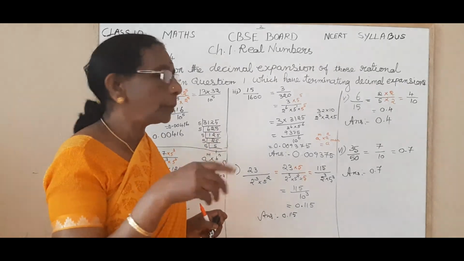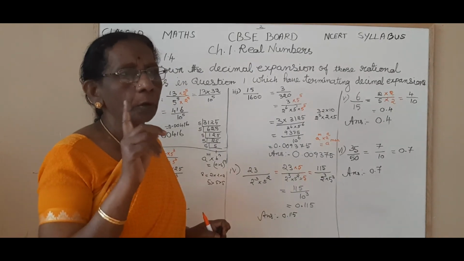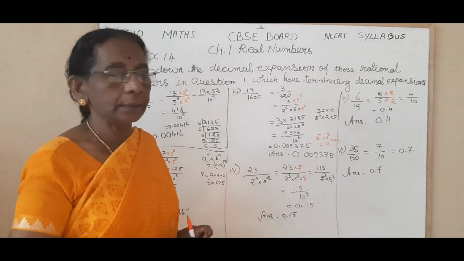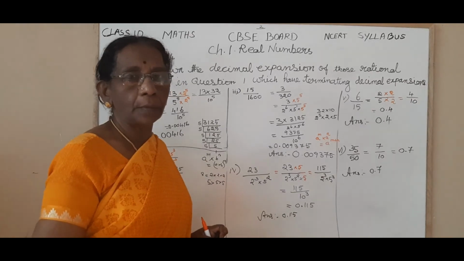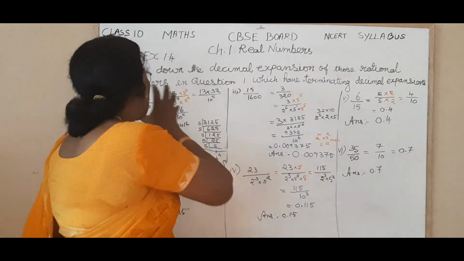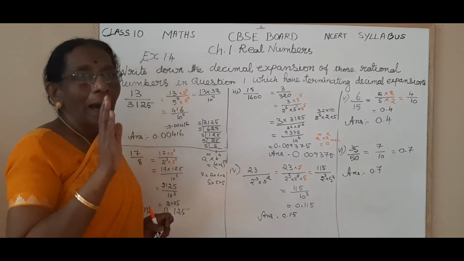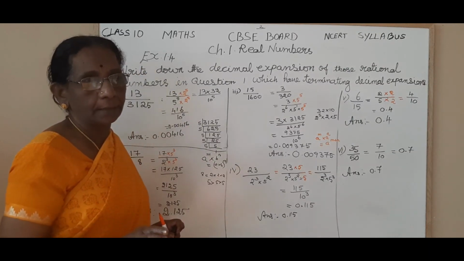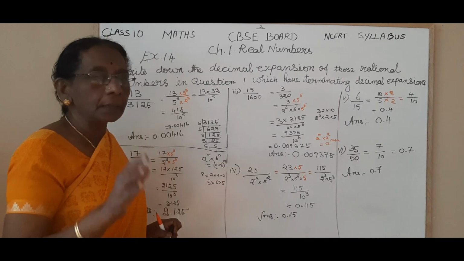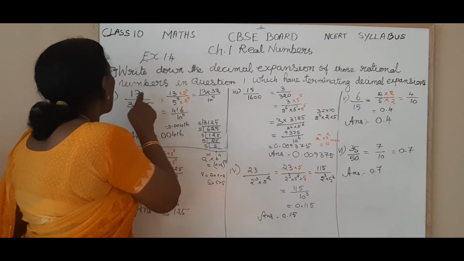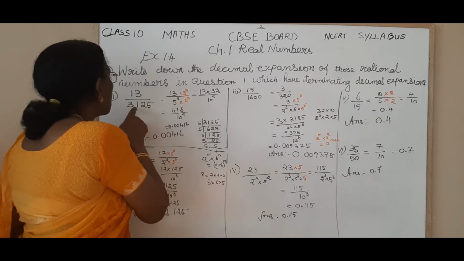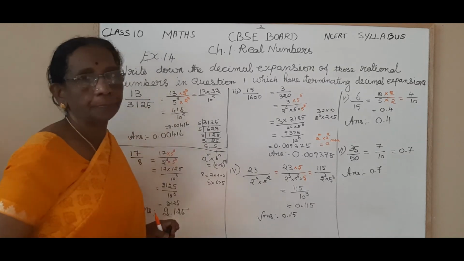And there is one more question you will be getting in this for the board examination. That is, you will be given the rational number, and the question will be, how many decimal places will be in the rational number 13 by 3125.